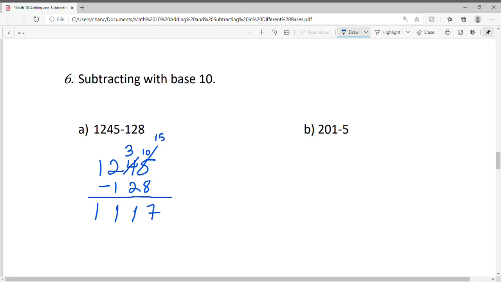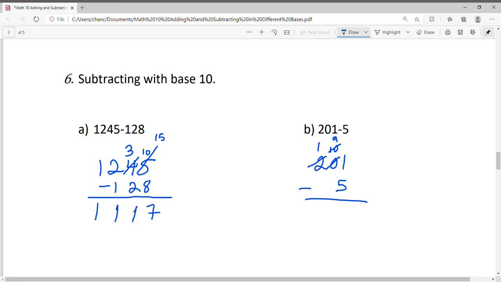We borrow a 10. Let's see that again. We have 201, and we're subtracting a 5. Now, 1, I cannot take away 5 from it, so we'll borrow from the 0. The 0 has nothing to borrow, so we'll borrow from the 2. This reduces to a 1, and this 0 becomes a 10. Then we can borrow from the 10.